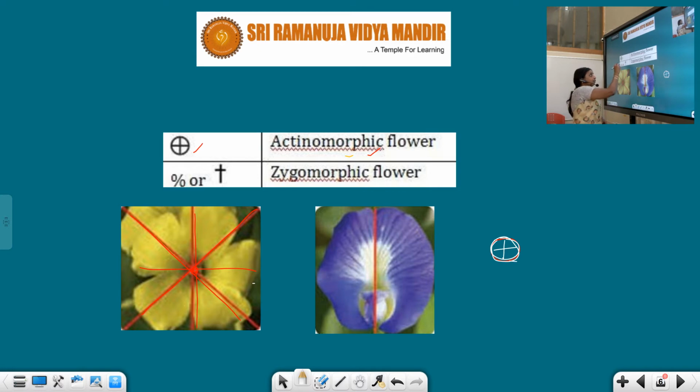And if you have to show zygomorphic, if the flower is zygomorphic, then put a percentage sign. And what is zygomorphic? When a flower can be divided into two equal halves from only one plane.